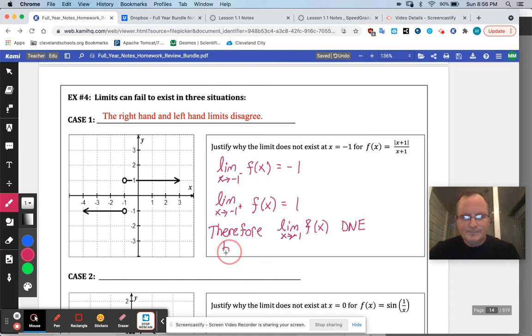Because the limit as x approaches -1 from the left of f of x does not equal the limit as x approaches -1 from the right.